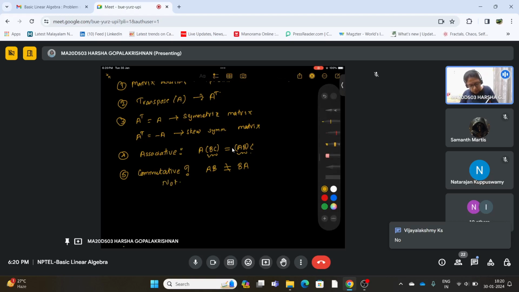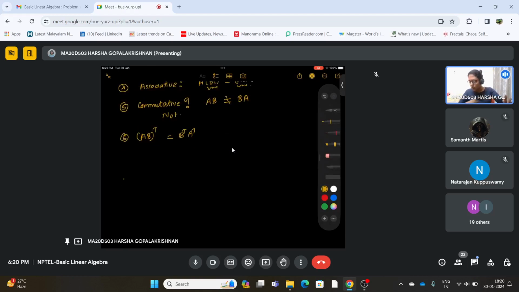And one more property about the transpose: we can say AB transpose equals B transpose A transpose. And that's all for matrices. I think all of you know how to find the determinant also, so we can just leave that as of now.